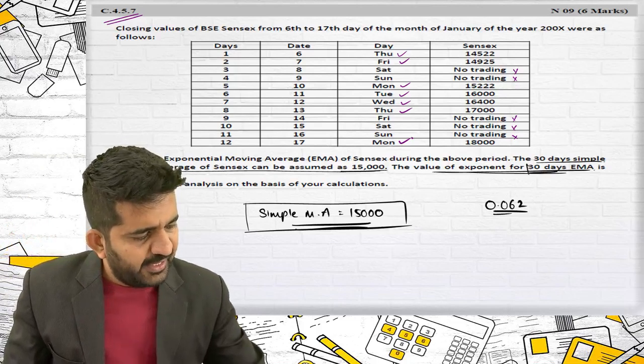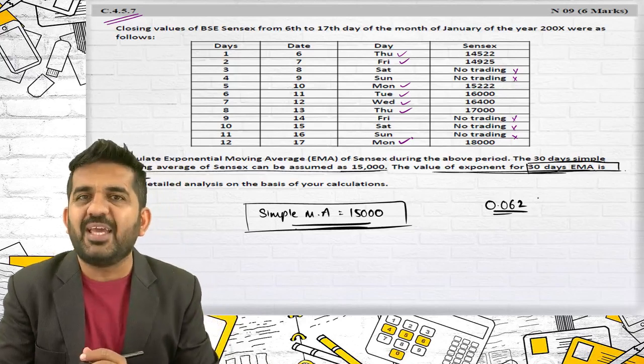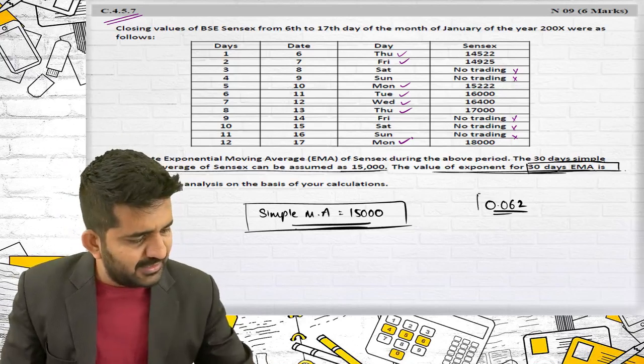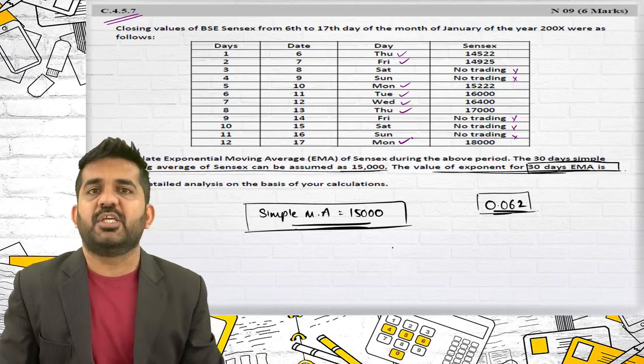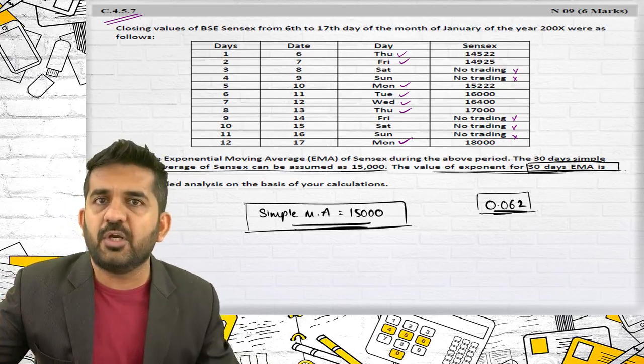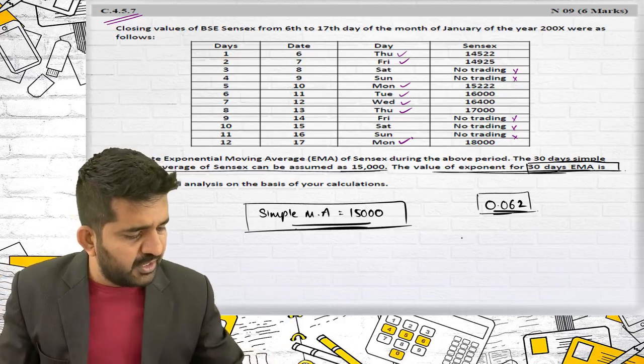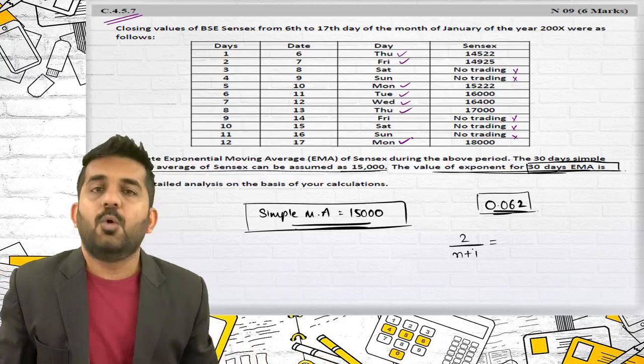And believe me, as we are finding out 30 days exponential moving average, this is 0.062. Normally this exponent will be given in your examination. If it is not given, the smoothing exponent is 2 divided by n plus 1.